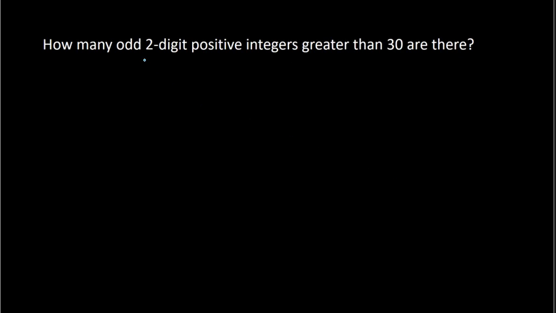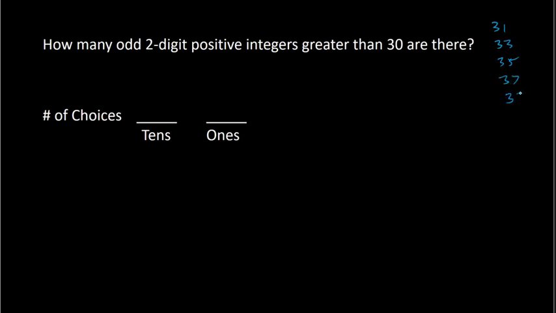So we know with a 2-digit number, 2 digits means we're going to have a tens place and a ones place, right? For example, numbers we could have would be 31, 33, 35, 37, 39, etc. Now for the tens place, we need to determine how many options we have.